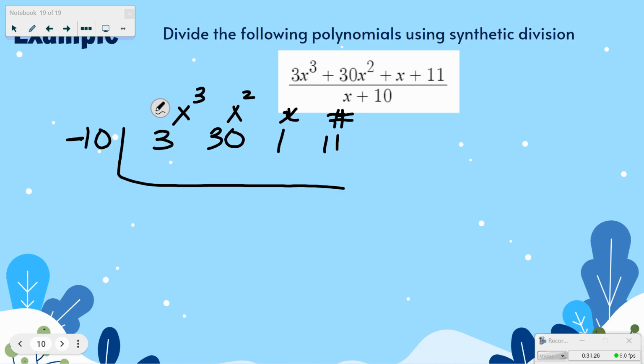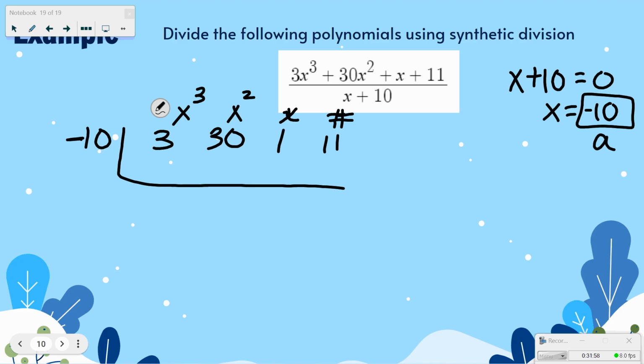If you're not quite sure, one way to think about it is just flip its sign. So plus 10, flip it to be minus 10. Or you can set it equal to 0. So the number you're using for synthetic division is -10. If you're reading those directions for the steps, that's your a value.